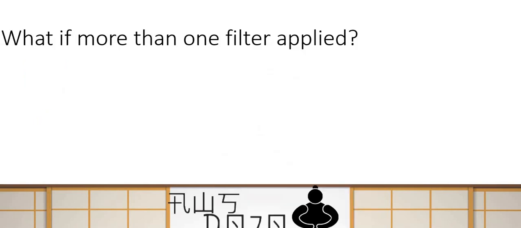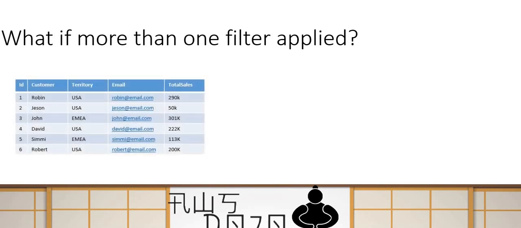And there could be a scenario when more than one data filter is applied. So for instance, let's take an example. Suppose this is a table, the same table I showed you earlier, and suppose you defined a data filter that says I can look into only the customer and email columns, but where territory is equal to USA.